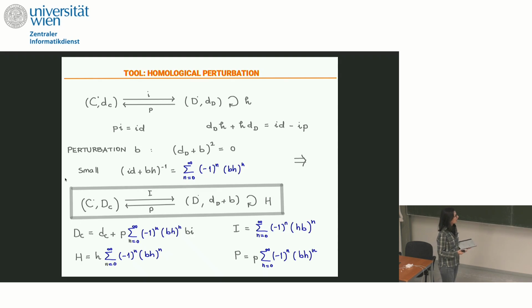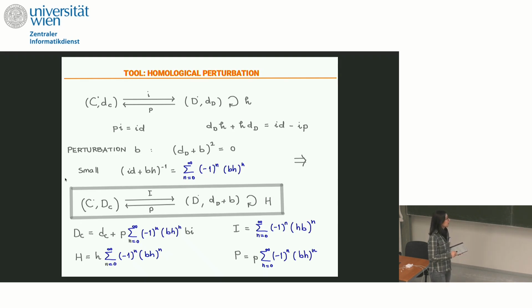What can I do? I can perturb it in a way that gives me now another retract. Meaning what? I take B as a perturbation, so that if I sum D, the differential of D, with B, this is again a differential, so again squares to 0.